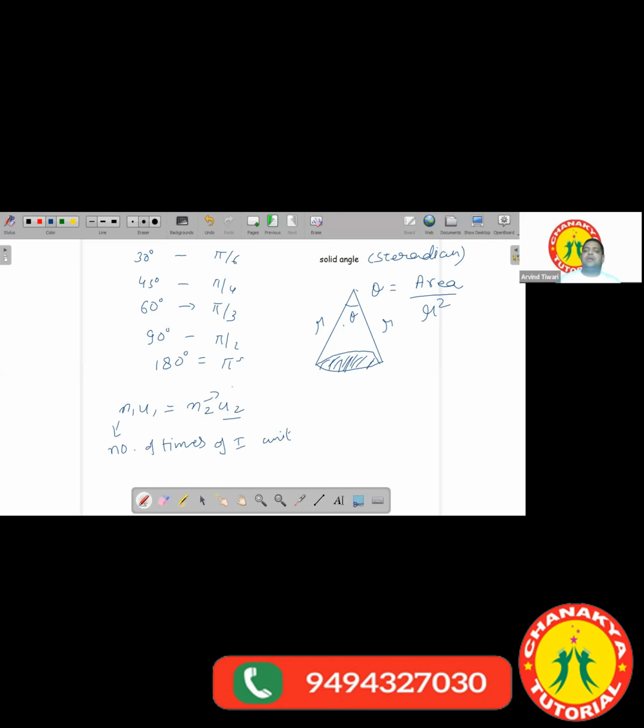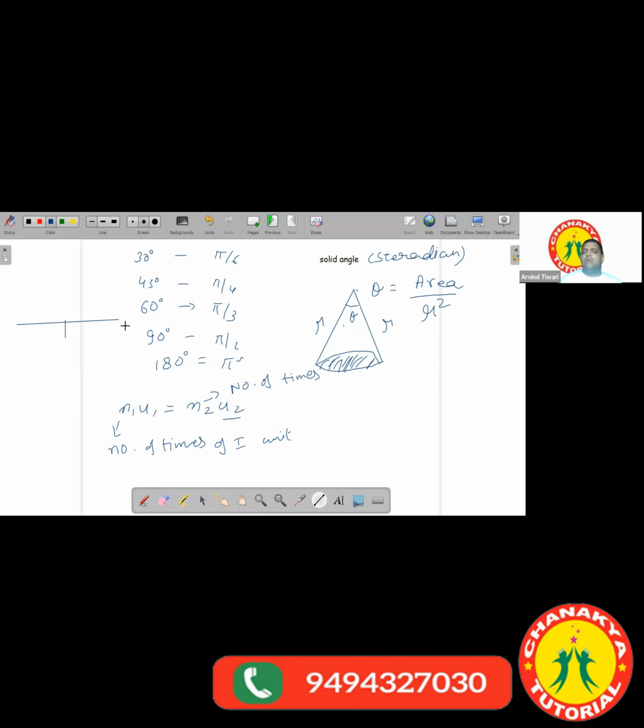See, N2 is the number of units or number of times. See what it simply means. If you observe measurement of a length, suppose I want to measure this length. To measure this length, either I can use meter or I can use centimeter. If I'm using a meter, let us say it comes out to be 2 meter.